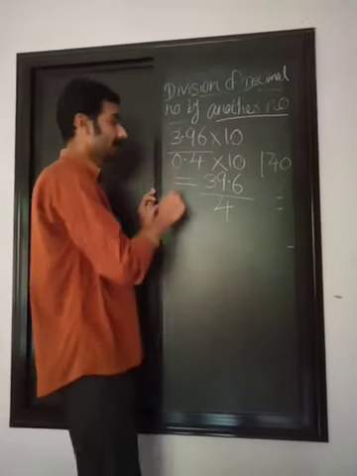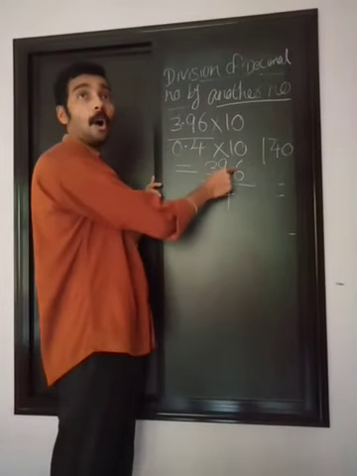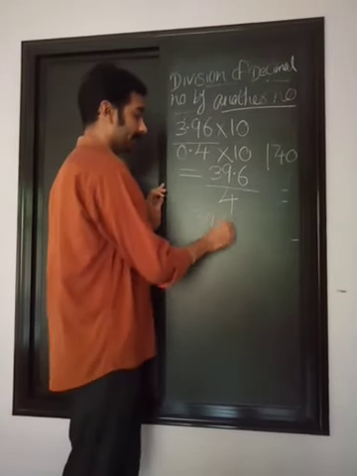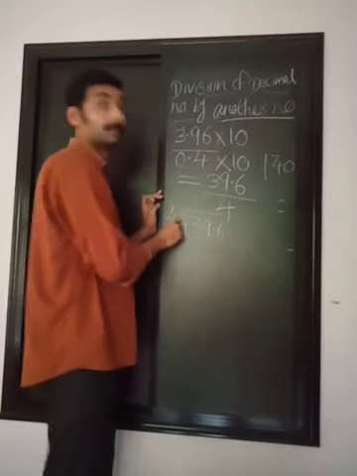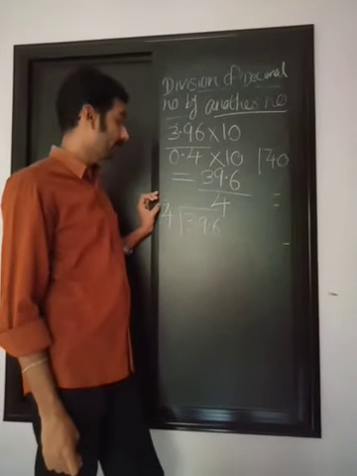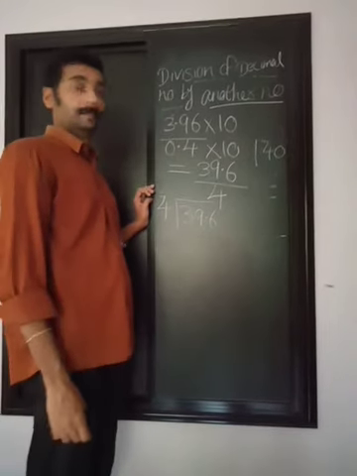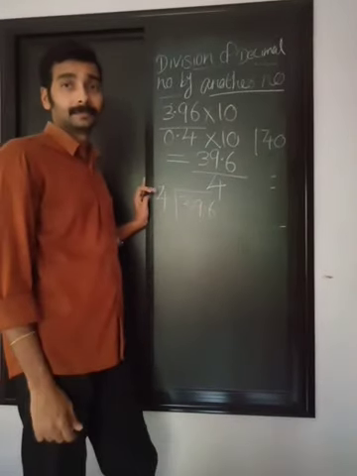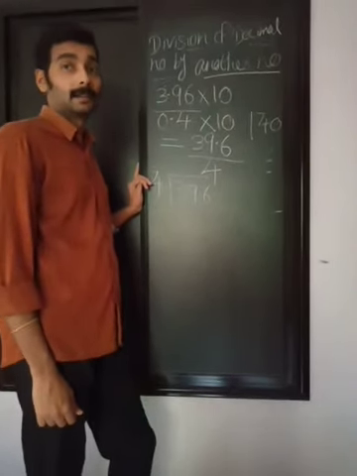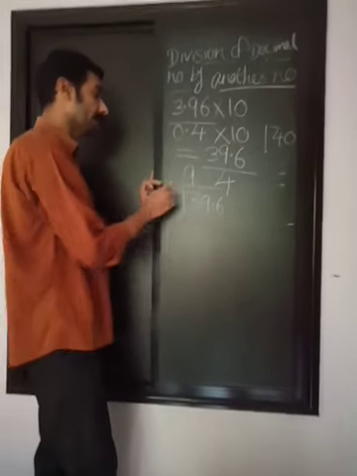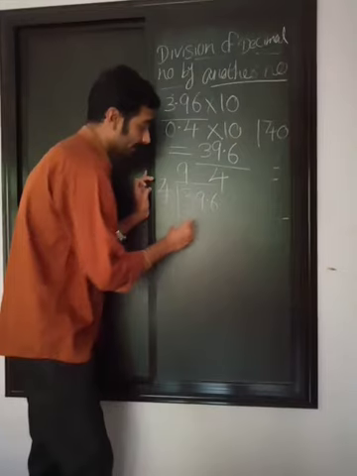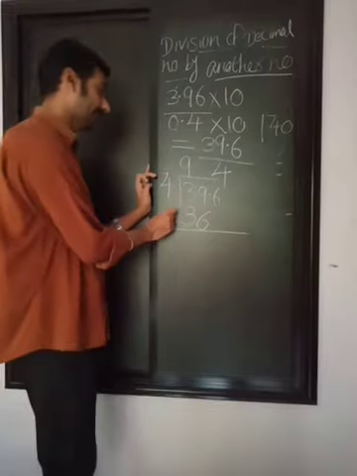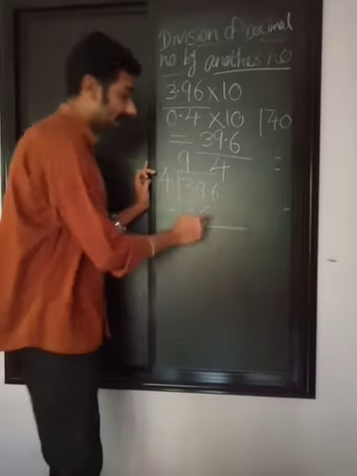Okay, then you divide 39.6 divided by 4. Okay. Then first we take 39. How many times? 9 into 4 is 36. Then 9 minus 6 is 3.